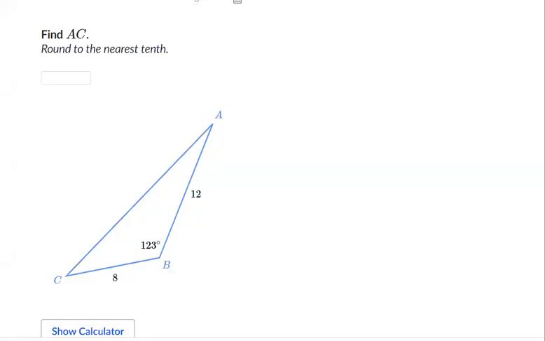The last question is asking for the side AC, so we are going to use the law of cosines again. AC squared is equal to the squares of the other two sides, which are 8 squared and 12 squared, minus 2 times 8 times 12 times the cosine of the angle in between those two sides.